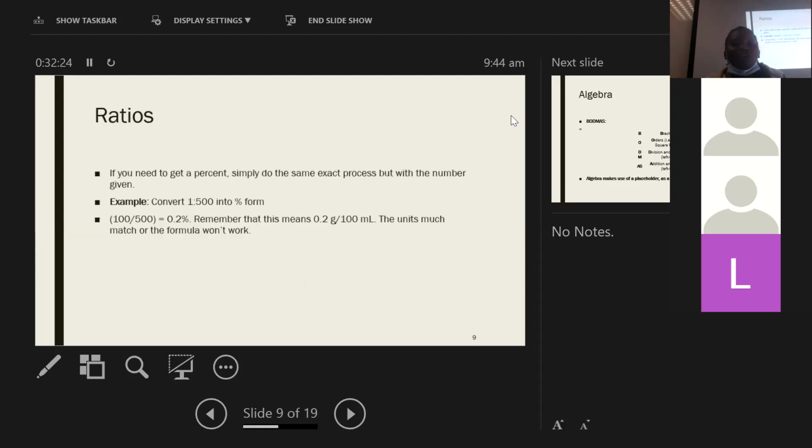Use your calculators. So 1 over 500 gives you? Then times by 100 to get a percentage.